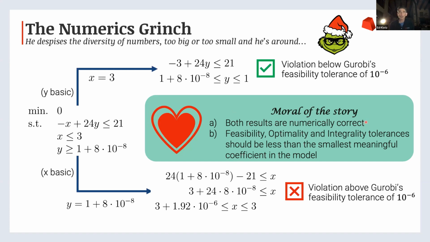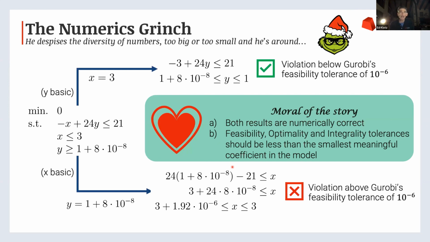you can get different bases that give legitimately different results. The key takeaway is that you want your feasibility, optimality, and integrality tolerances to be less than the smallest meaningful coefficient in the model. So in general, that's a general tip that holds.